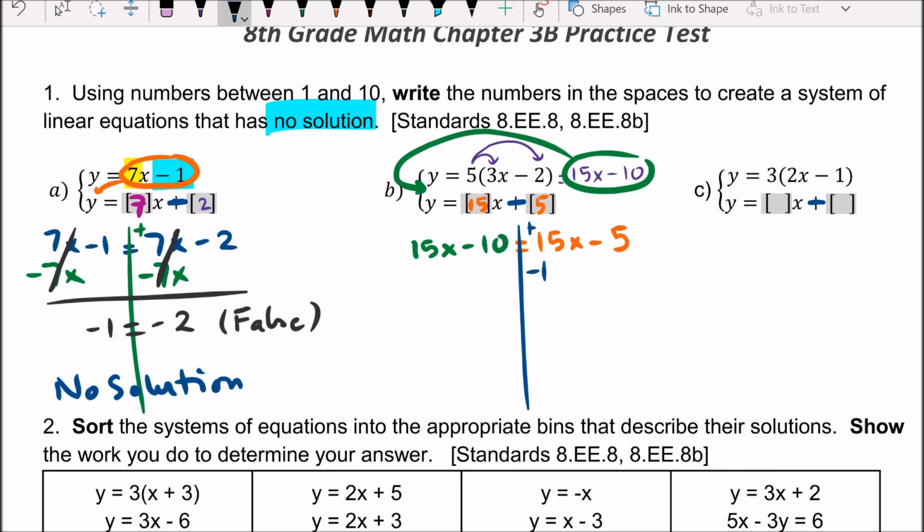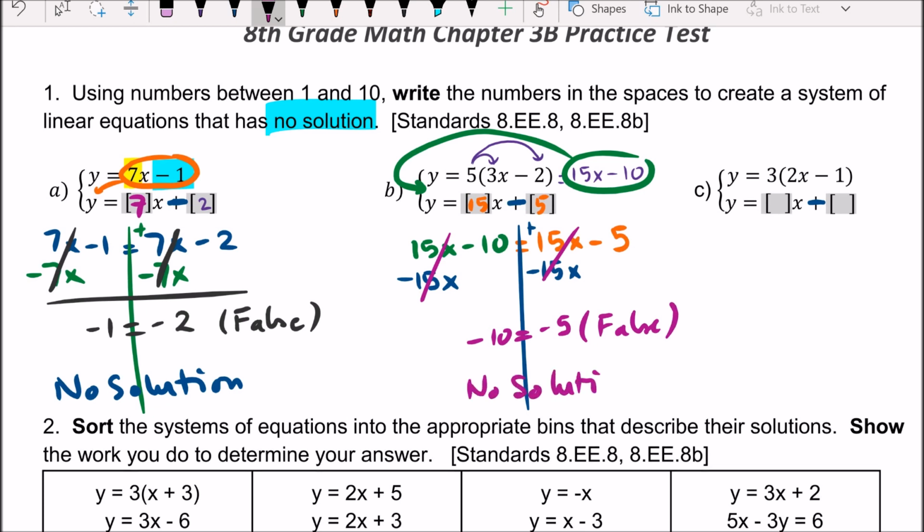We subtract 15x on both sides to bring x to the same side. By doing that, 15x take away 15x cancel each other out, leaving you with -10 equals -5. And this is a false statement, so this will be no solution. That's our goal: set the equation, choosing a number so that there is no solution.